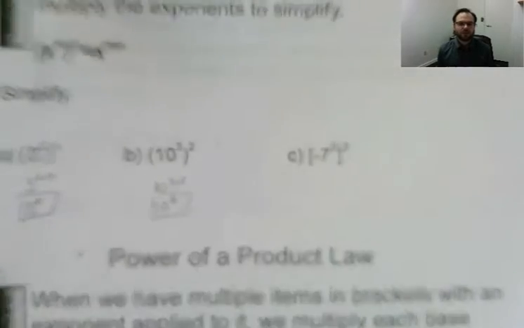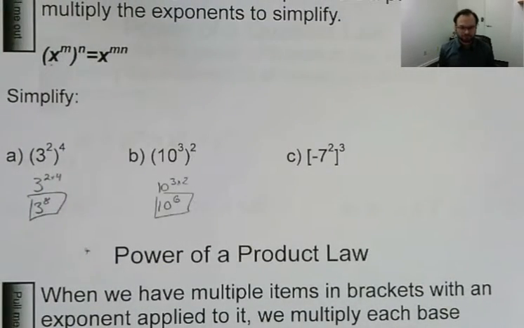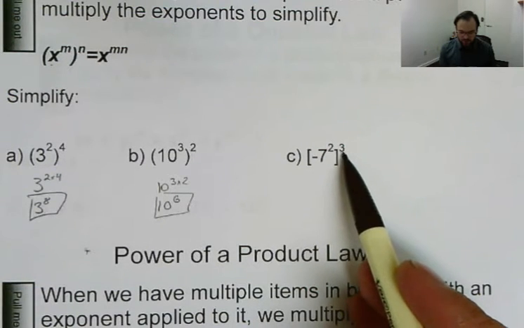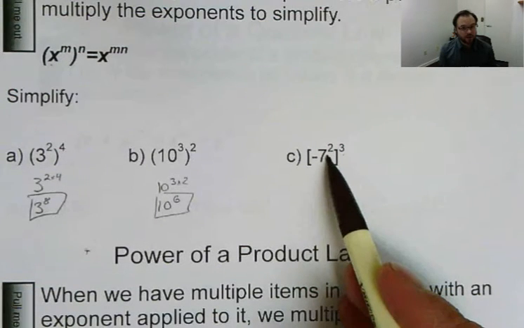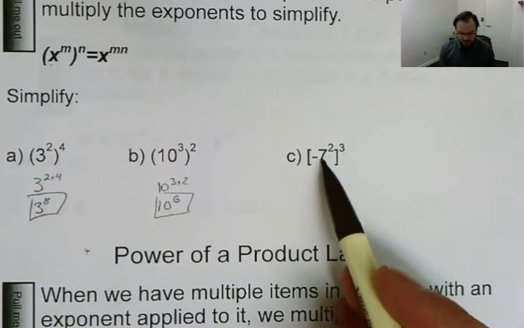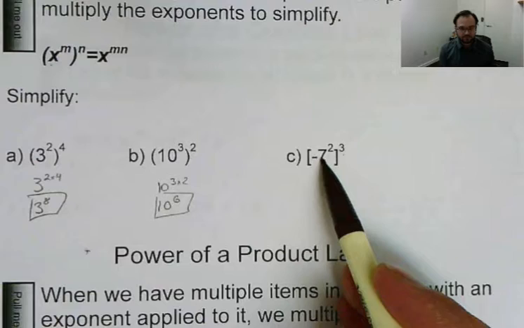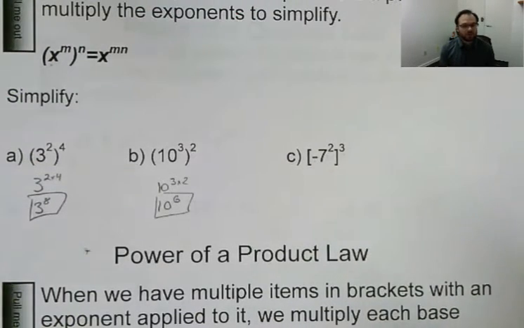So, let's take a look at my last one here. For this one, we have 3 groups of negative 7 squared. Now if I look at this, this 2 only refers to the 7. This 3 refers to both the 7 and the negative. So this one here is a little bit trickier. Okay?